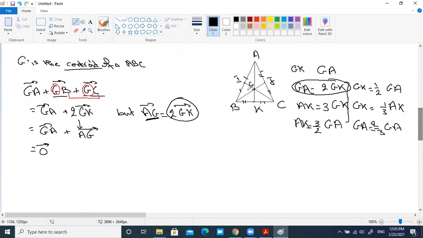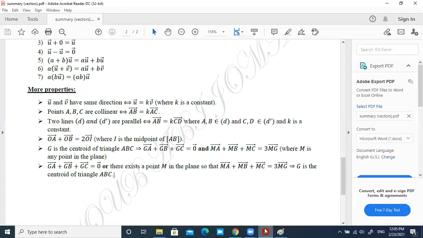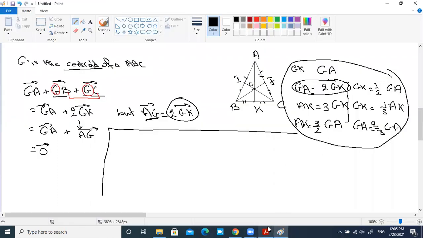Still, same given here. Of course, no need to write anything except this if you want to add it. It is not written in the remarks because it's a property from grade 8. Maybe it would have been better if I had added it. You can write notes yourselves, that GA is half or GA is double GK and so on. The rest I'm saying are all written in your notes.